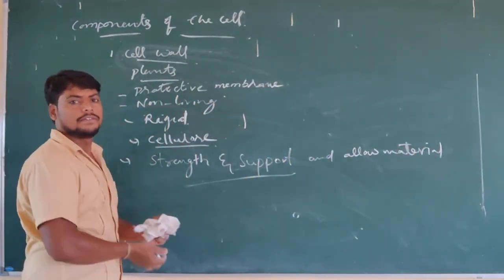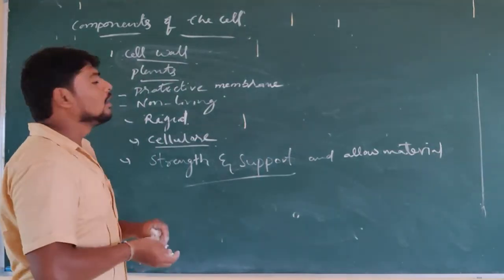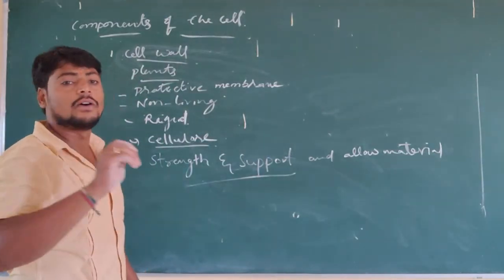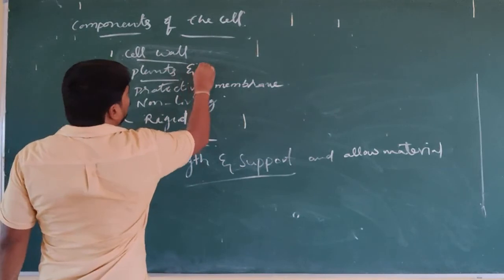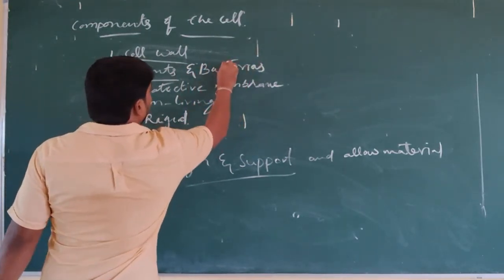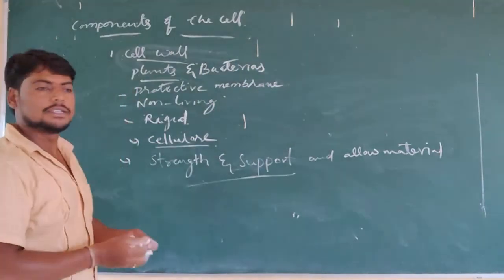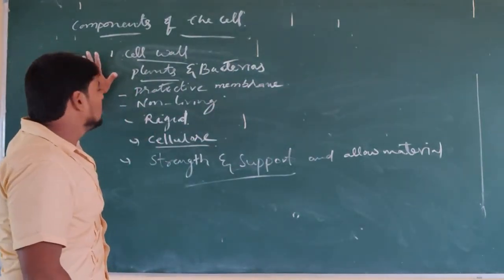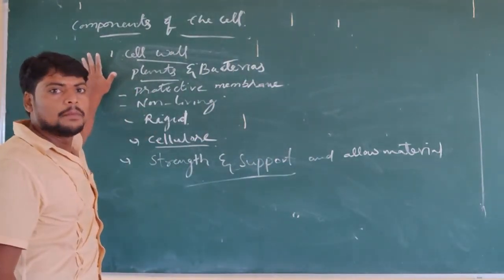That is the important function of the cell wall. And this cell wall is not only found in plants but also in bacteria. This is another protective membrane found in plants and bacteria.